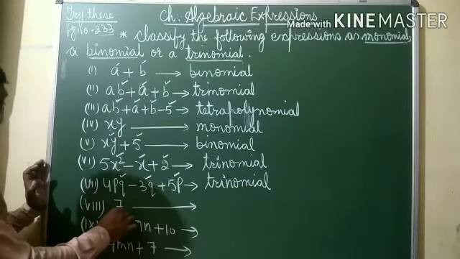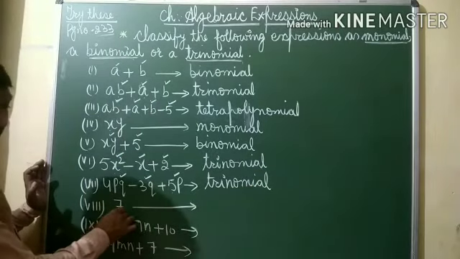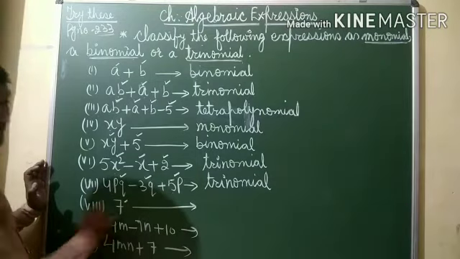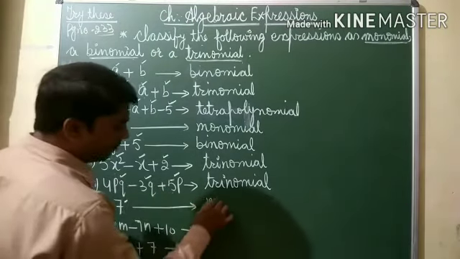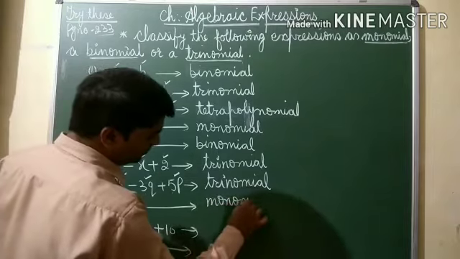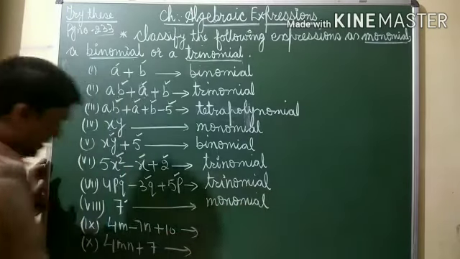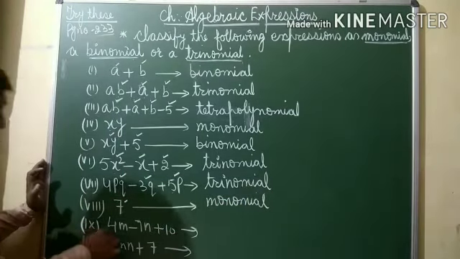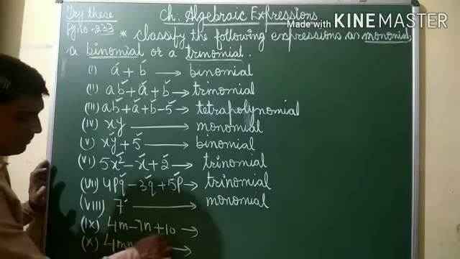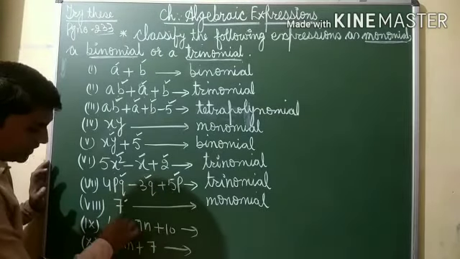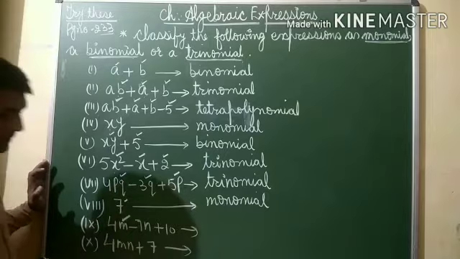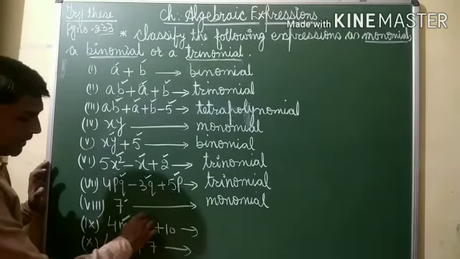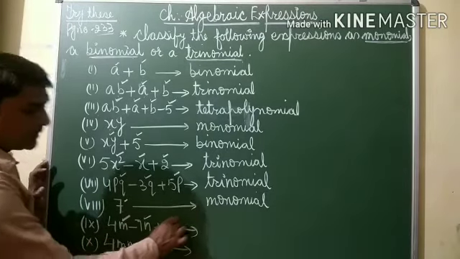Next is 7. Since this contains only one term, 7, therefore this is a monomial. Next is 9th part, 4m minus 7n plus 10. Again, this expression contains three unlike terms, that is 4m, minus 7n and 10.